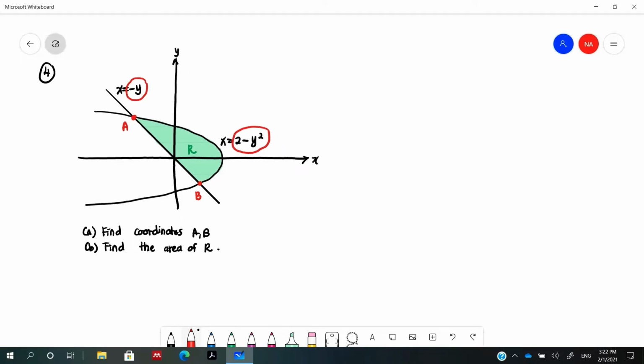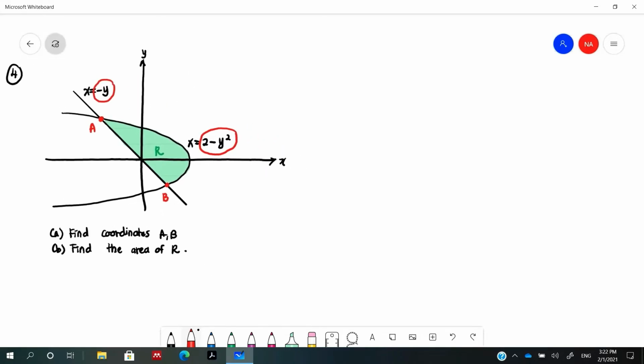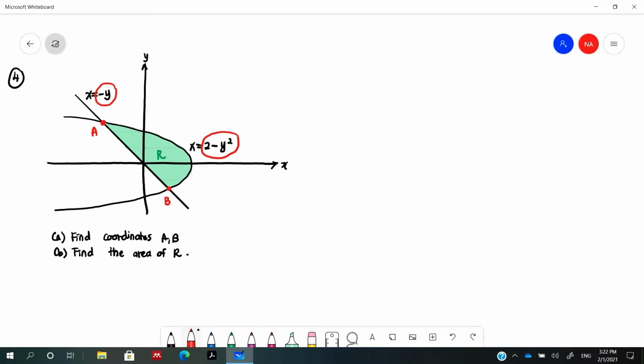So we should note that firstly we have to find the coordinates for a and b. How do we find the coordinates for a and b? We know that the two graphs intersect at a and b, so we can equate them. We put negative y equal to minus y squared.